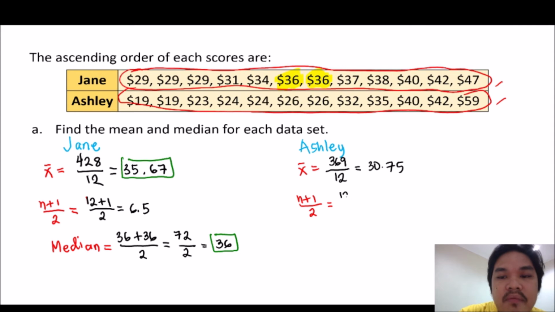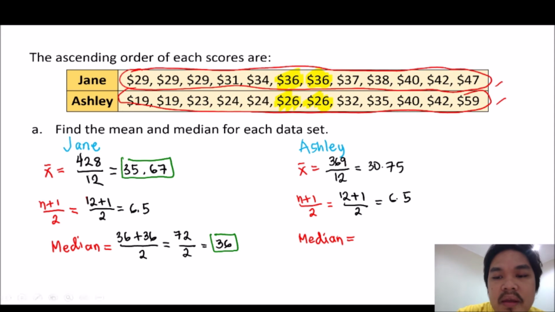Okay, so to find the median, we will use n plus 1 over 2 to locate the middle value. So we have 12 entries plus 1 divided by 2, so that is 6.5. And 6.5 is between the 6th and the 7th value. Okay, so the 6th and the 7th value are both 26. Okay, so to find the median, we will just get the average of 26 and 26.